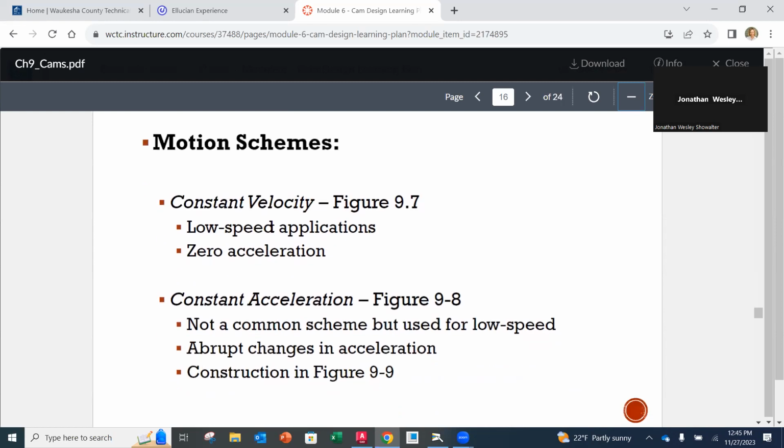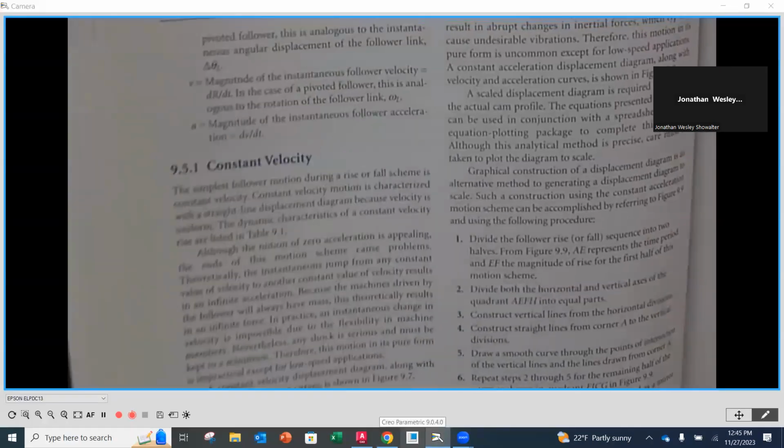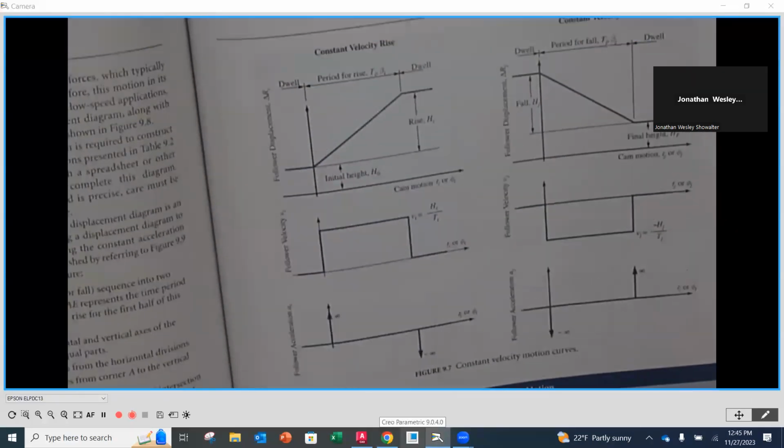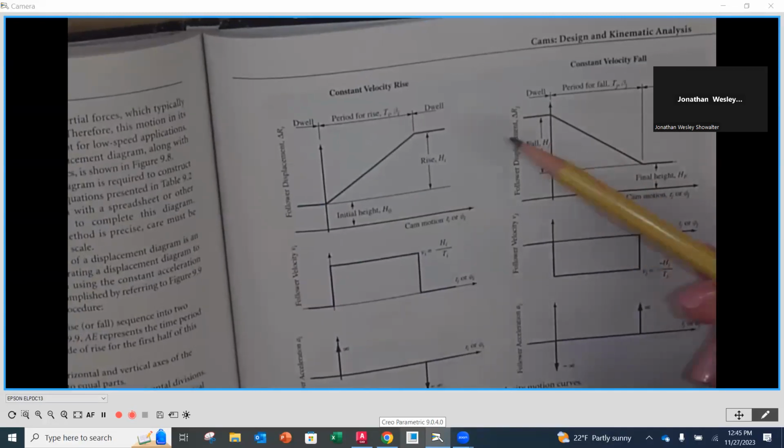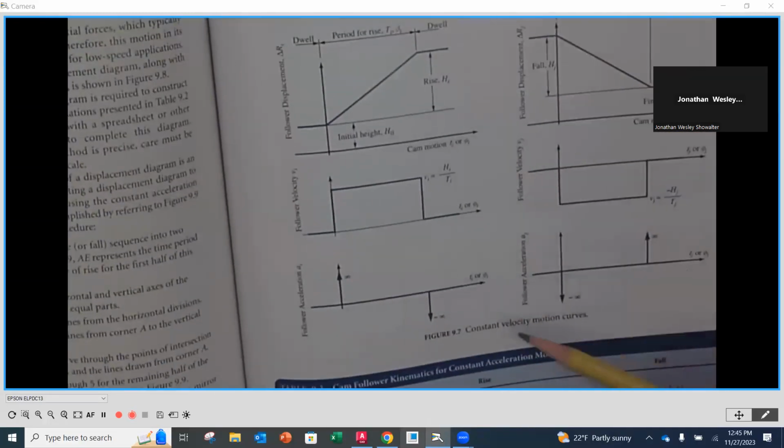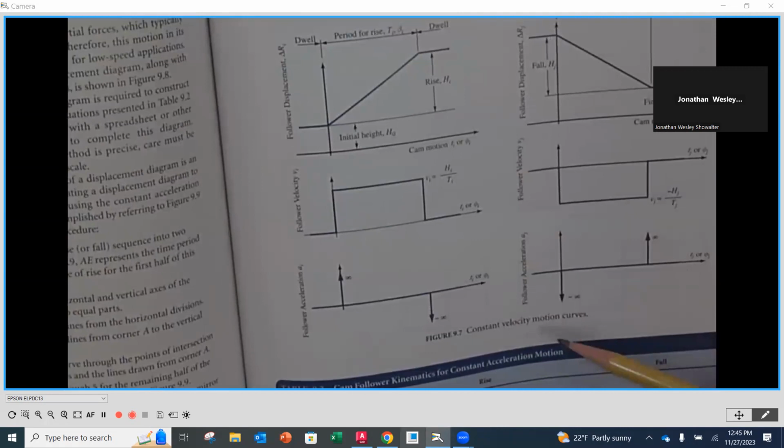The first one is called constant velocity, okay? What that means is that there's no acceleration, right? And it's used for low speed applications. If we look at figure 9.7, you'll notice that above here, this is going to be our constant velocity motion curves.